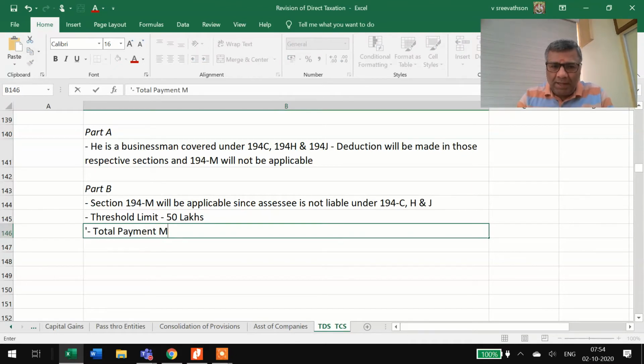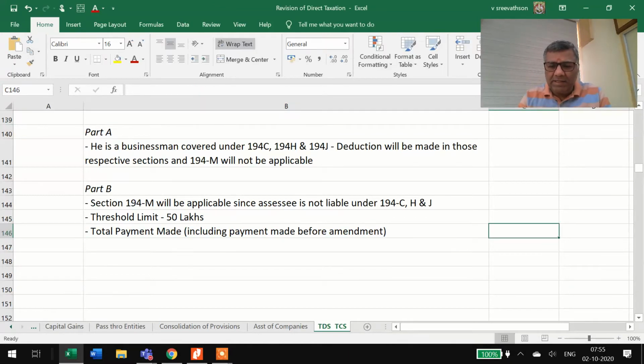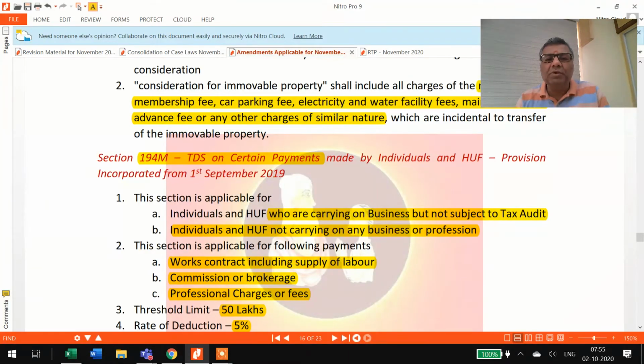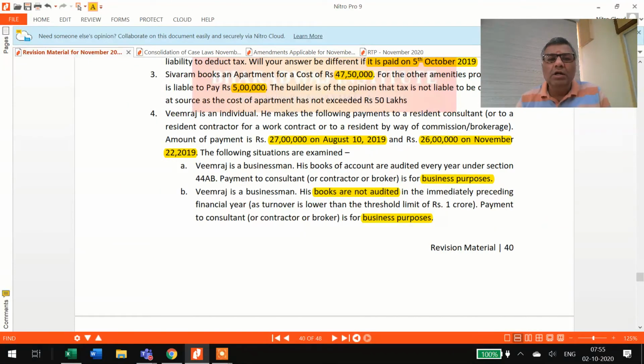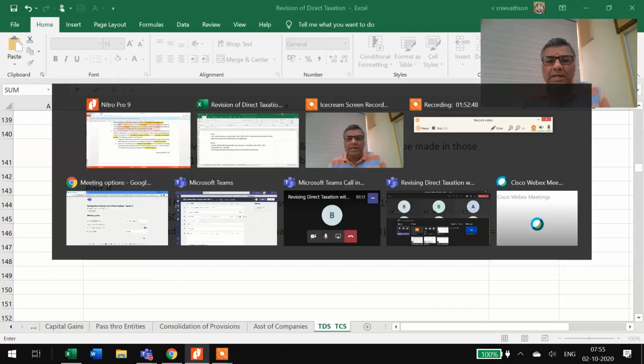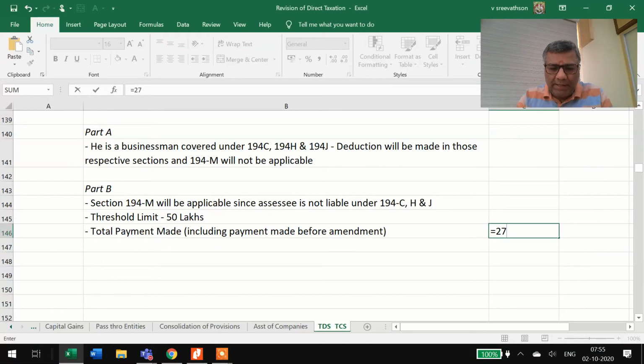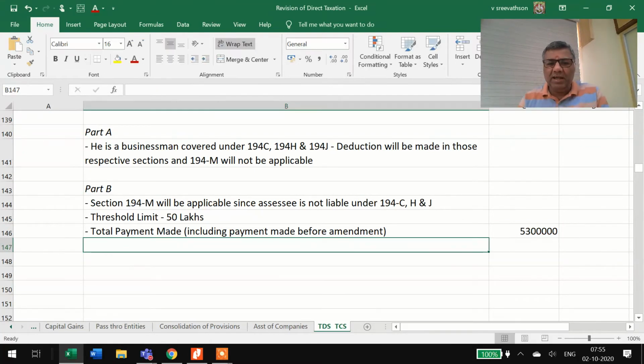Total payment made, including payment made before the amendment, is coming to, my dear friends, 27 plus 26. Yeah, 26 lakhs plus 27 lakhs, so 53 lakhs.